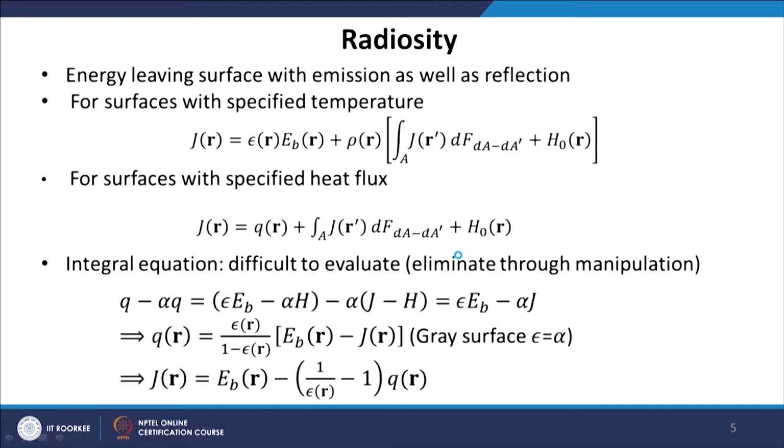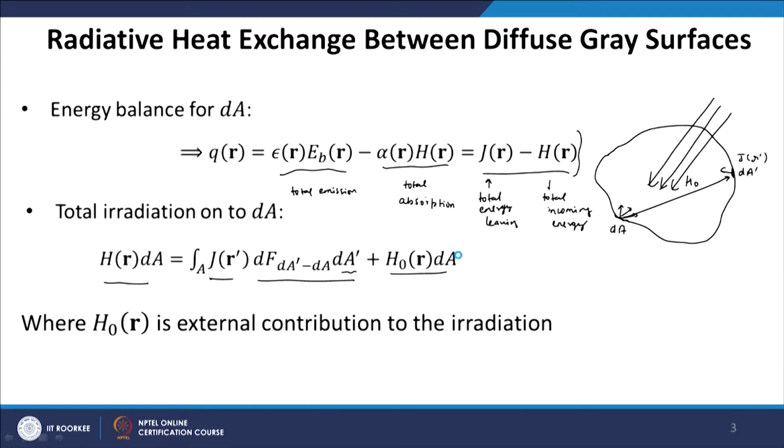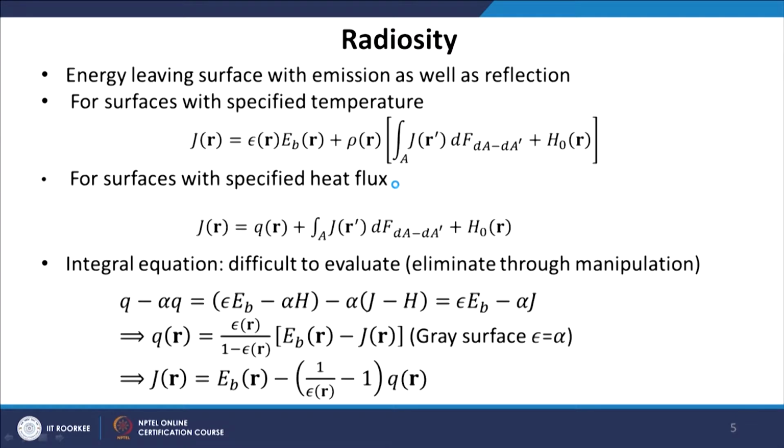So, what we do is we use the same expression, okay, this equation we use. From this equation we can solve for the radiosity J, okay. So, radiosity can be written in terms of epsilon_r E_br minus alpha_r H_r, and taking the H_r on the left hand side we can solve for radiosity.